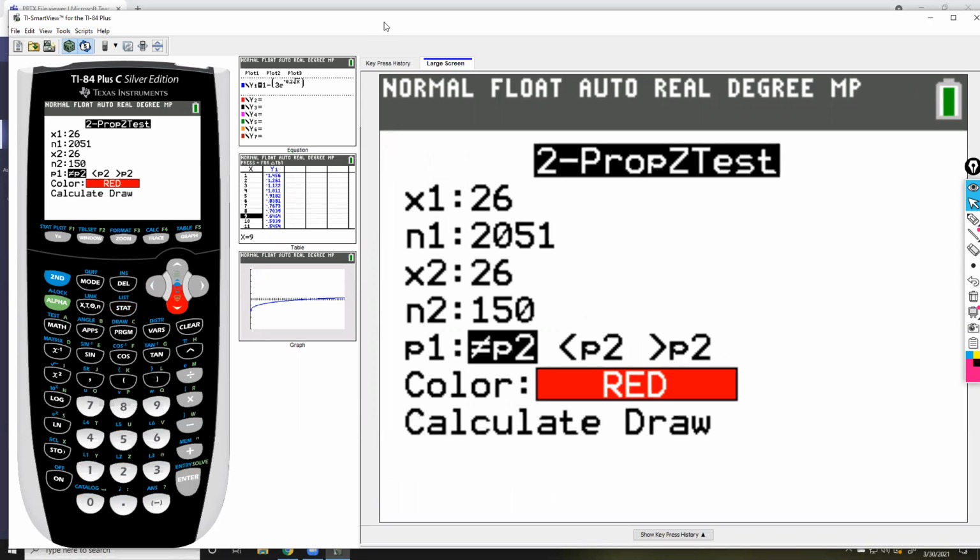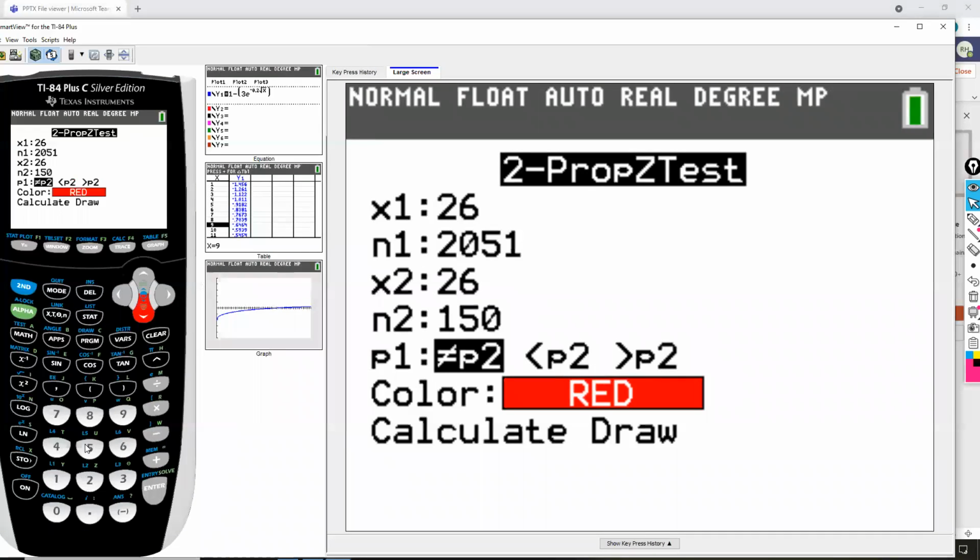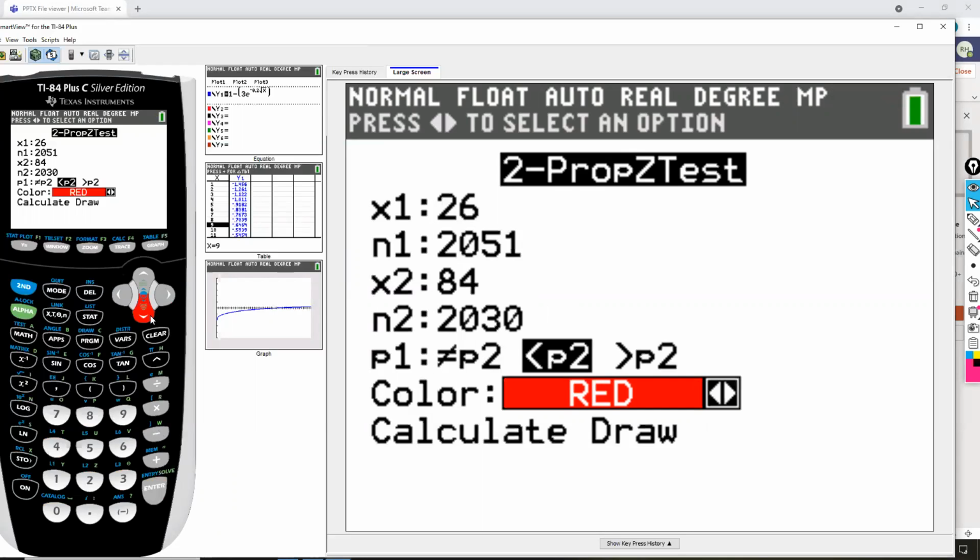And then our second group had 84 out of 2030. And again, we're hoping for P1 to be less than P2. We're hoping that the drug is lowering the rate of heart attacks.